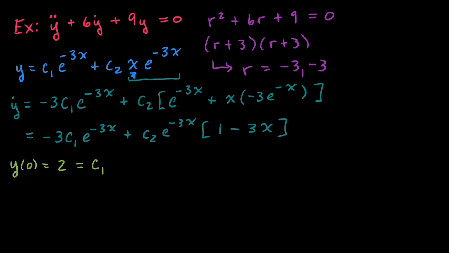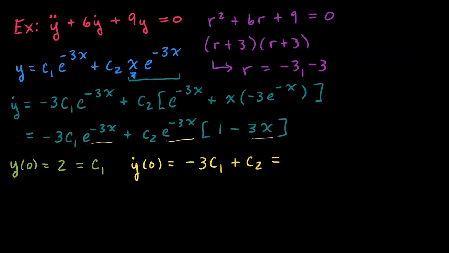So that's pretty convenient. And then for the second one, if I plug in x equals 0, well, again, the e to the negative 3x term is going to turn to 1. This term is going to turn to 1. And this term is going to go away. So I'm just going to have negative 3c1 plus c2. So I'm going to say y prime of 0 equals negative 3c1 plus c2.